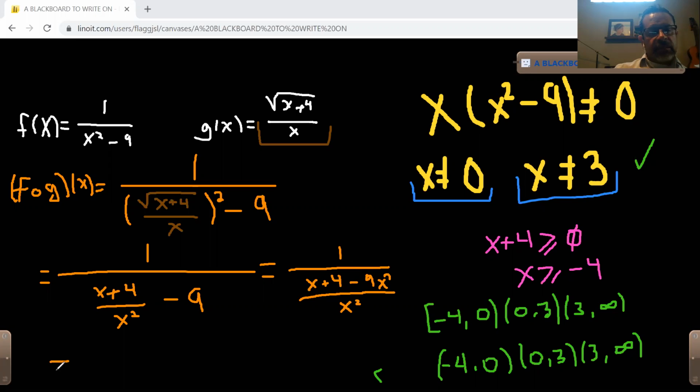And lastly, using again the tortilla rule, we would have x squared, and we would have 9x squared plus x plus 4. Okay? I'm going to erase this.